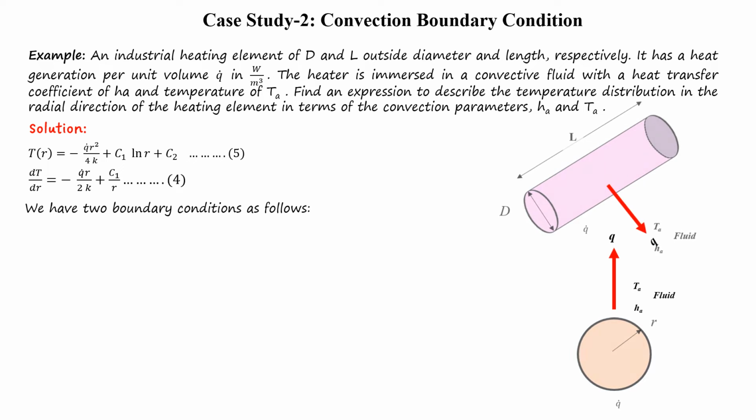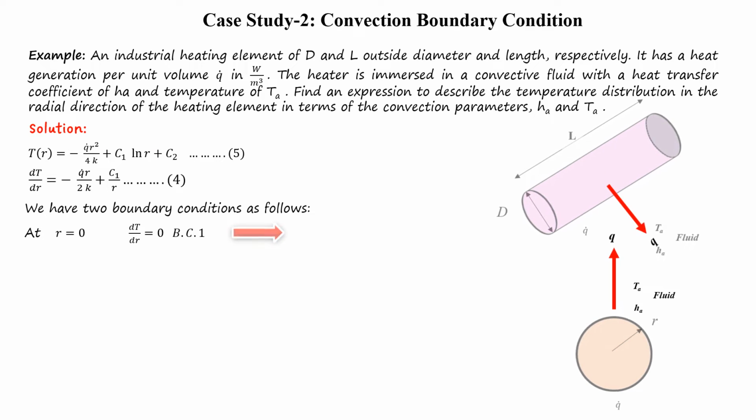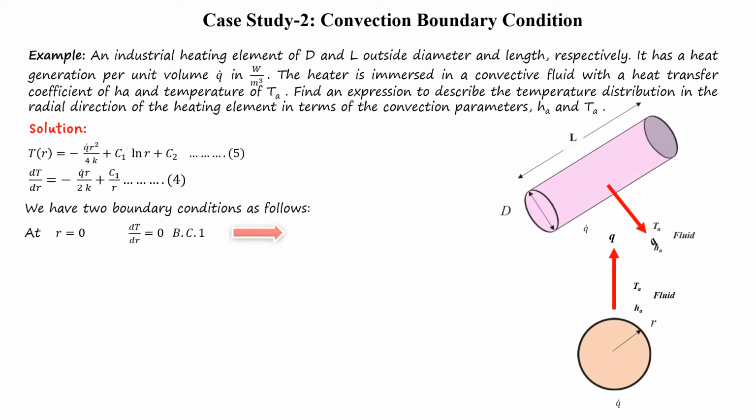And we have two boundary conditions. The first one: at r equal to 0, dT/dr should equal 0. If we apply this boundary condition to equation 4, then we will end with C1 equal to 0.